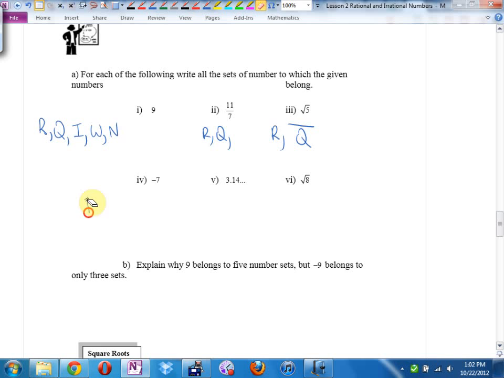Yes. Rational? Can I write it as a fraction? Yep. What comes next? Is it an integer? Yes. Is it a whole? Oh, it's not, because the whole numbers have to be positive. Okay, stop there.